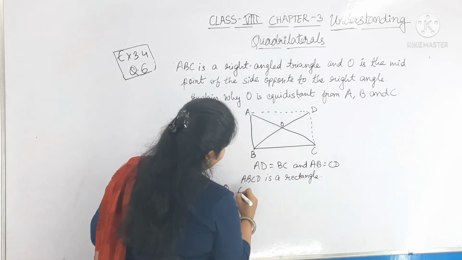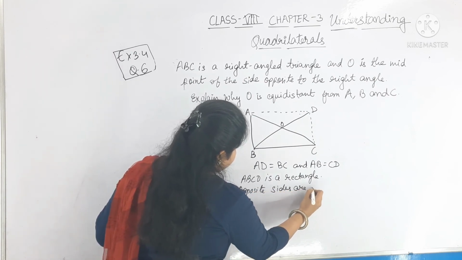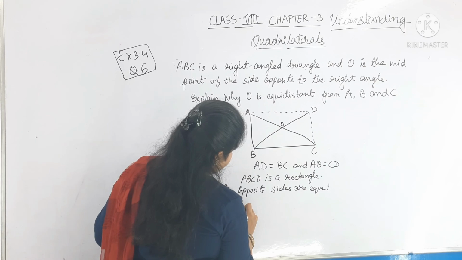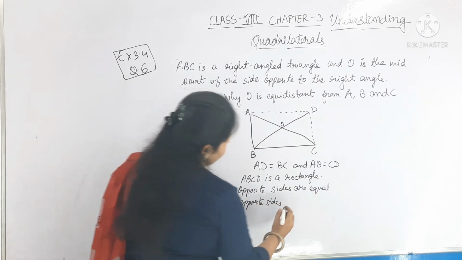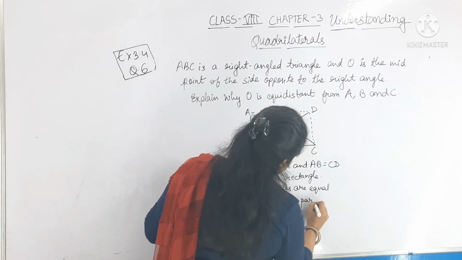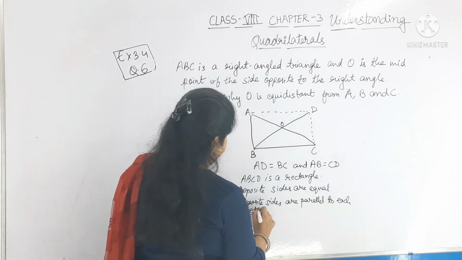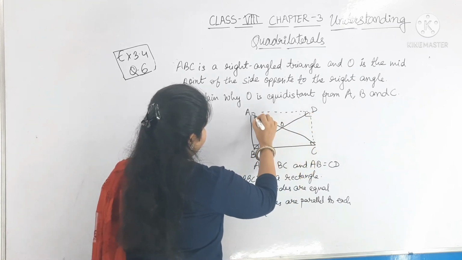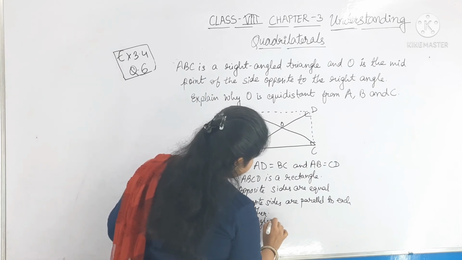Number 1, opposite sides are equal. Number 2, opposite sides are parallel to each other. Number 3, all angles are right angles.